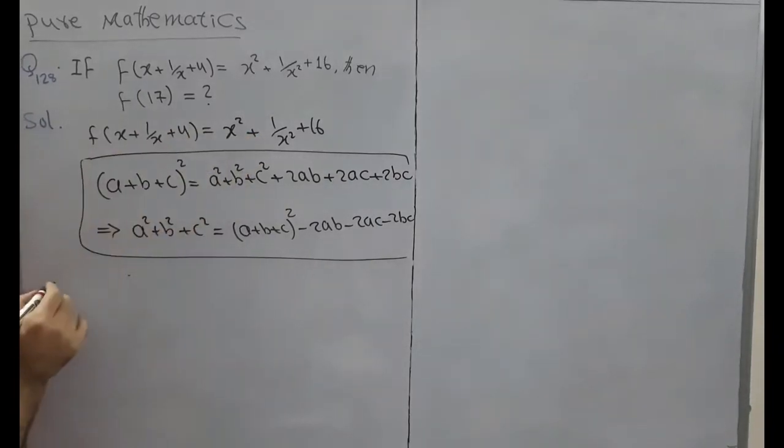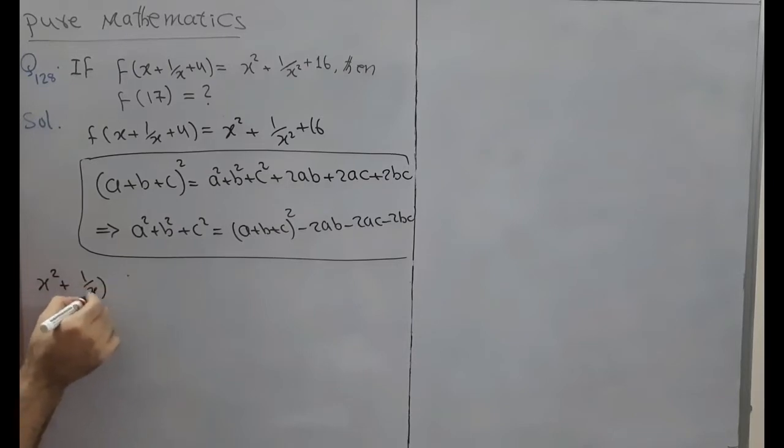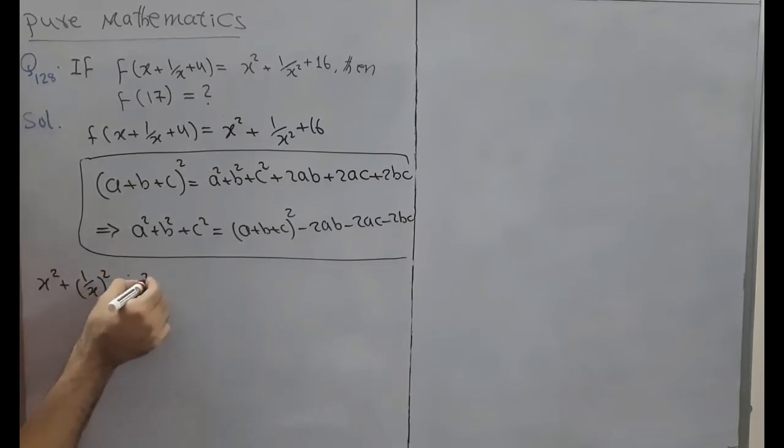Now we can write x square plus (1 over x) whole square plus 4 square.